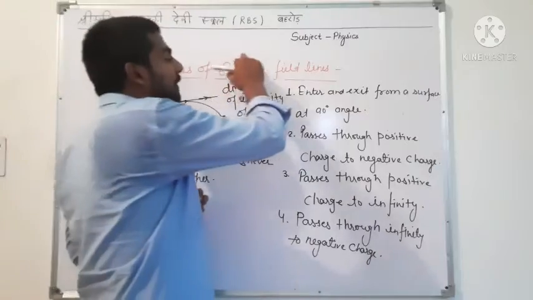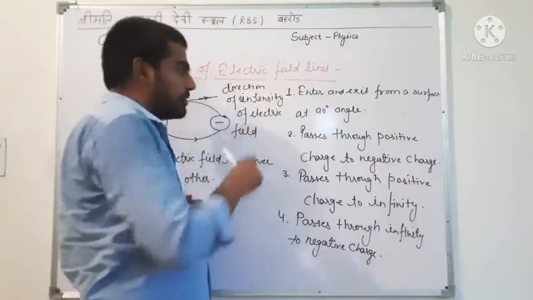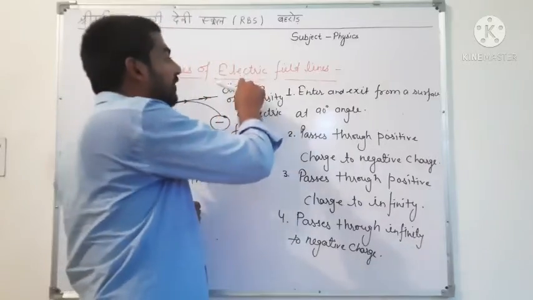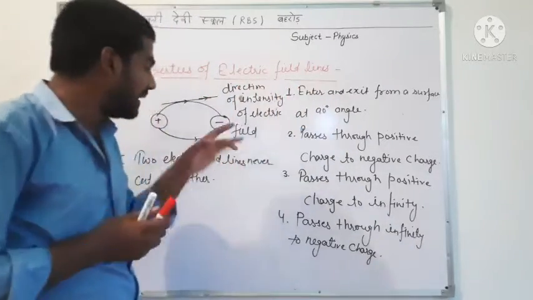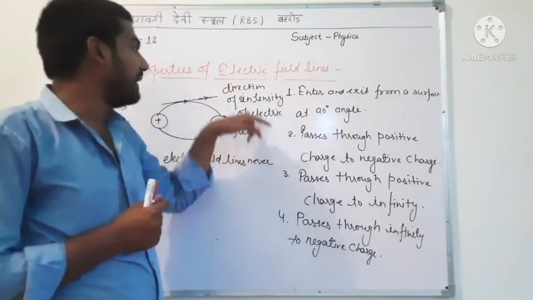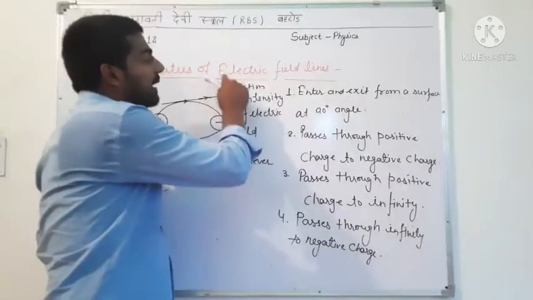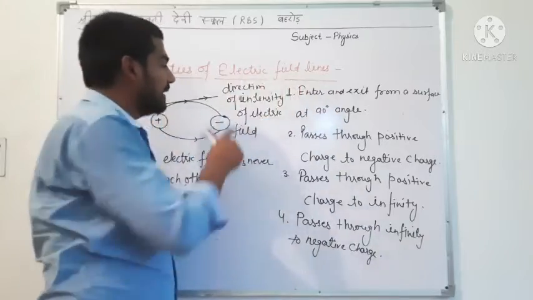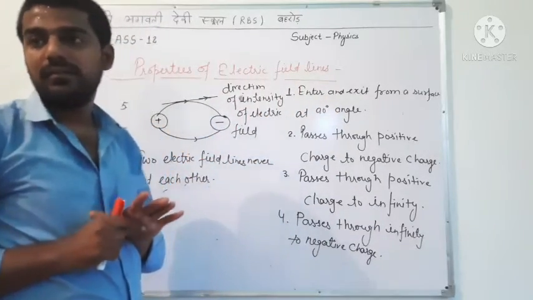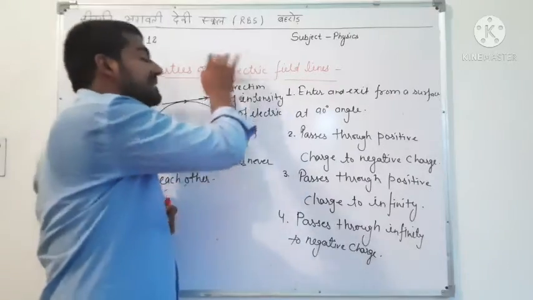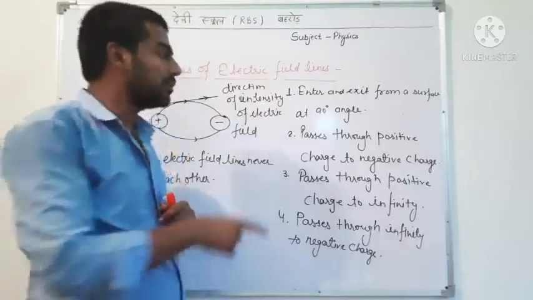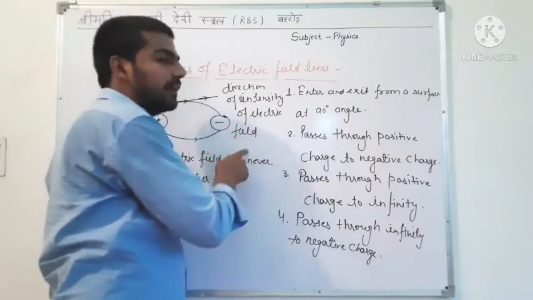Electric field lines are proportional to intensity of electric field. If electric field lines increase, then intensity of electric field also increases, and if electric field lines decrease, then intensity of electric field also decreases. So we can say that electric field lines are proportional to intensity of electric field.